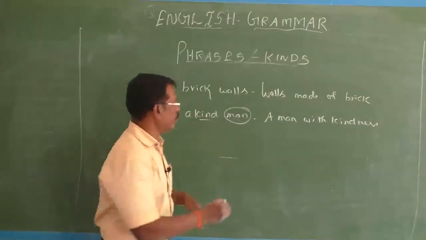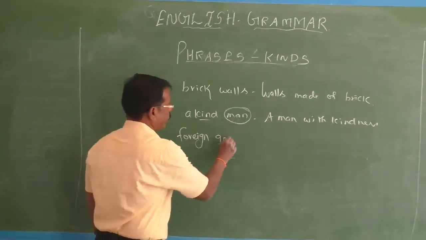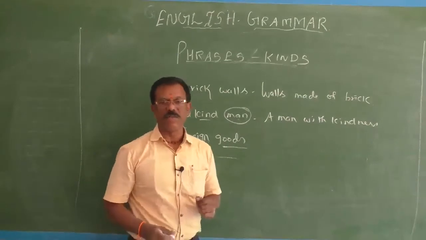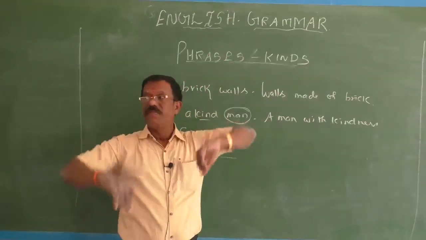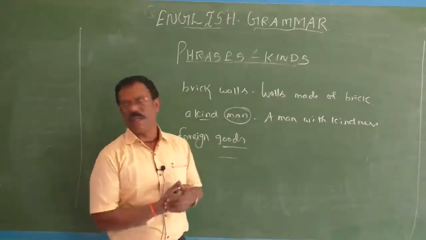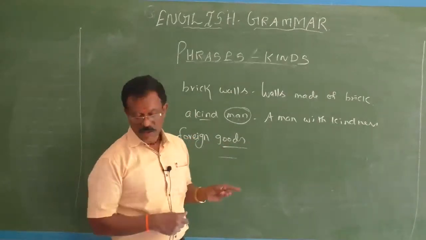And foreign goods. See, foreign goods. Here goods is a noun and foreign is an adjective, and sometimes a proper noun can be used as an adjective. In such a case, that is called a proper adjective. So here in foreign goods, the word foreign describes the noun goods.